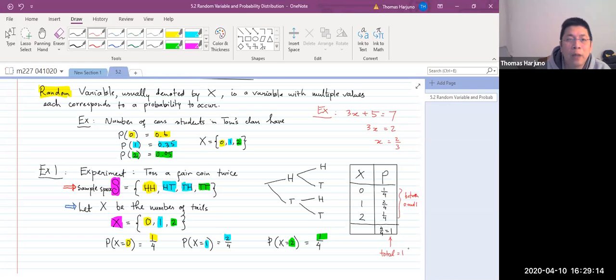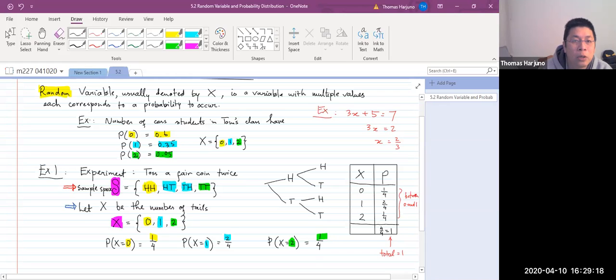Actually, if we look back to the previous example, let's call that example 0, we can create a probability distribution for that too. The random variable is x, and the probability will be p. This is x, this is p.